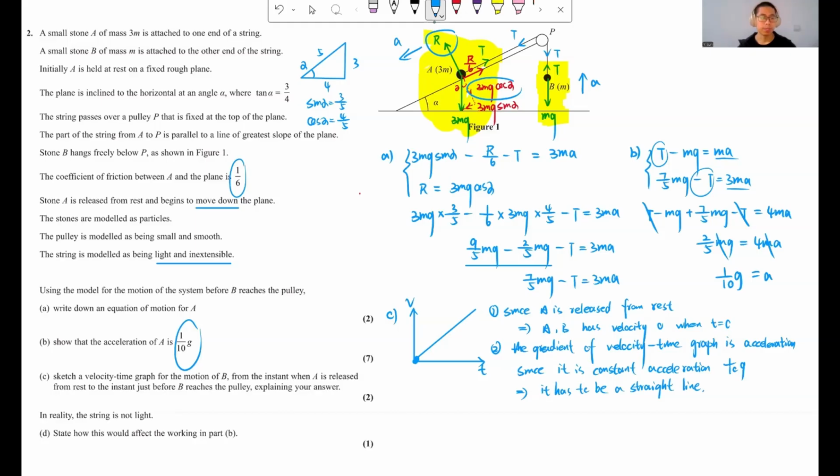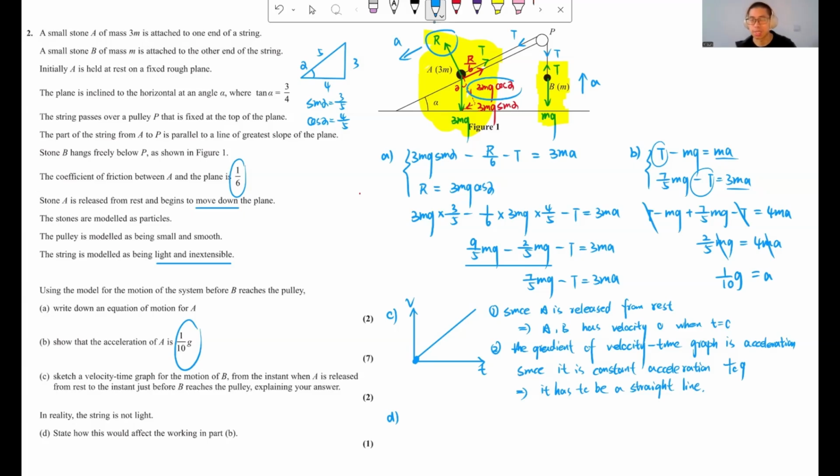And then part D. So in reality, the string is not light. State how this would affect the working in part B. So because if the string is not light, that means it will have weight. Yeah. And if the string has weight, so like if it's longer, then maybe that'd be heavier on this side, and this is shorter, that'll be lighter on that side.